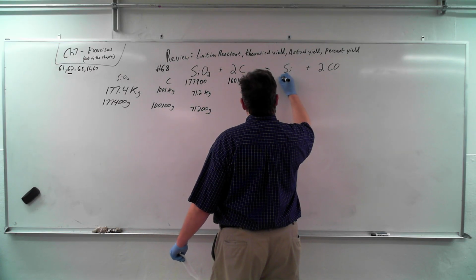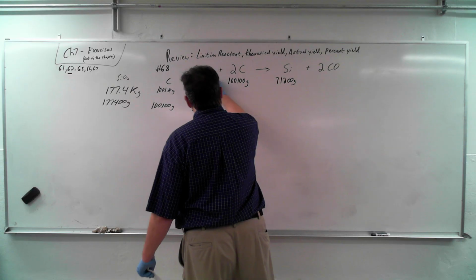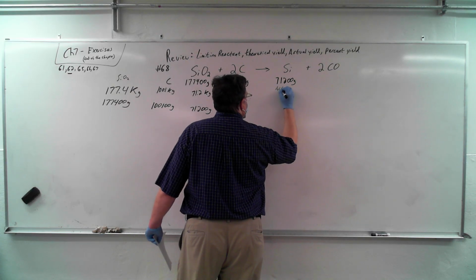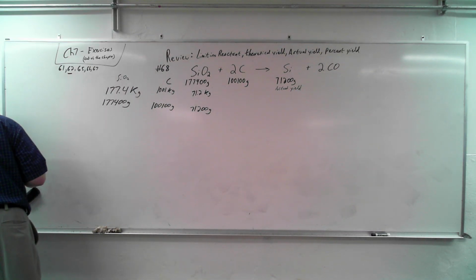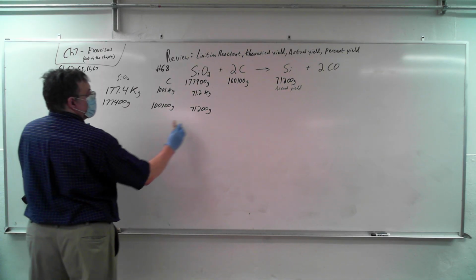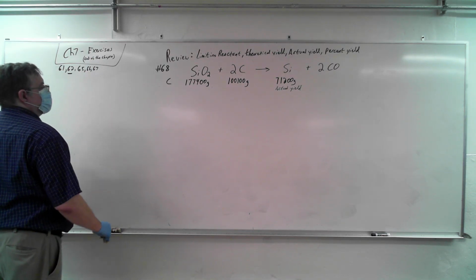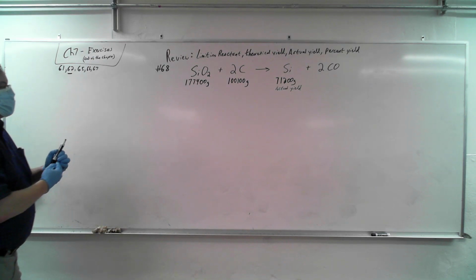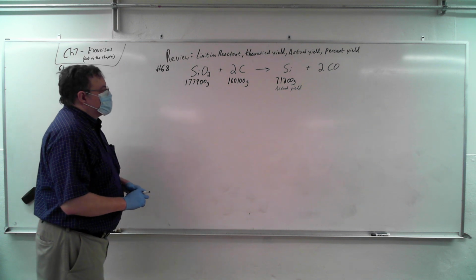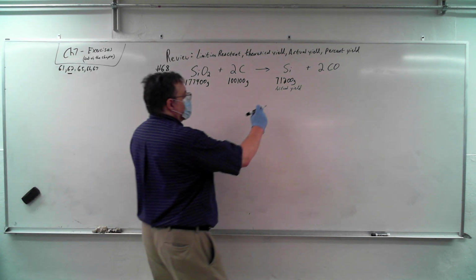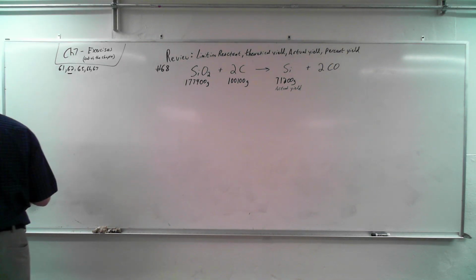And then you produce, here's our product, grams. So here's our setup. That many grams of silicon dioxide, that many grams of carbon. We're given an actual yield, so we can calculate a percent yield. That's our goal.